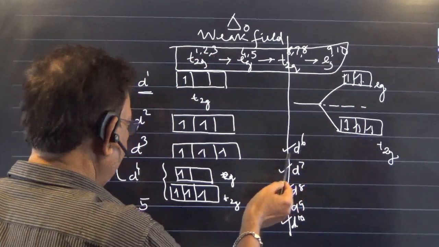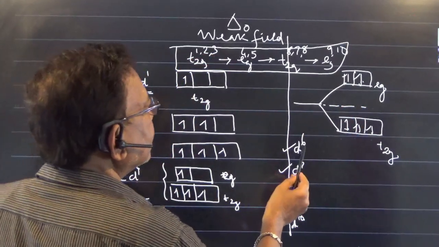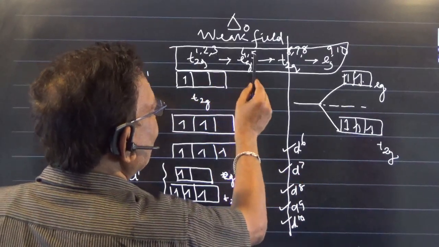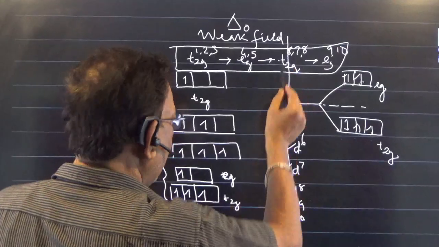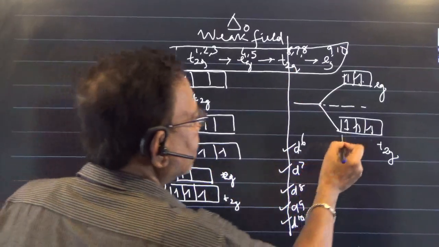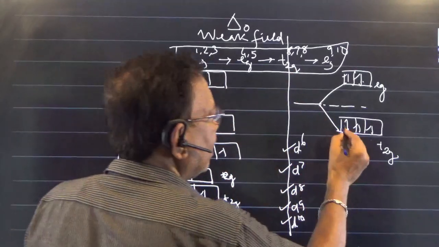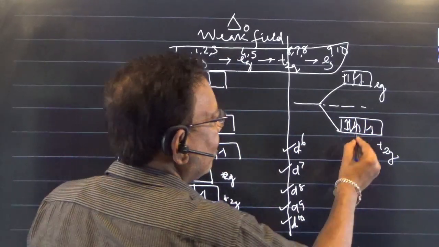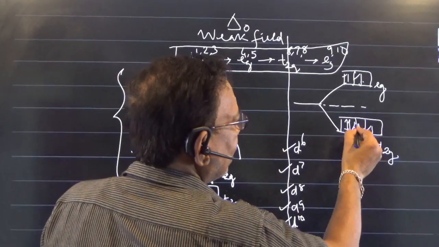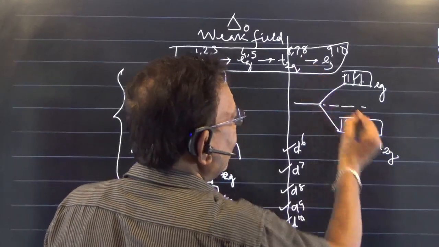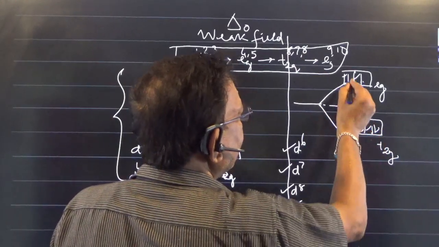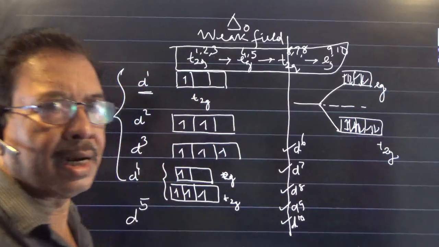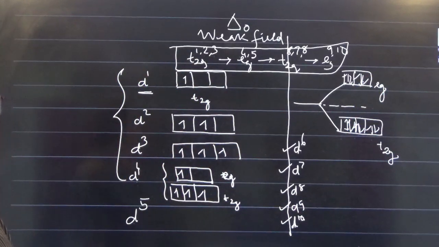Now in D6, how will we do it? 1, 2, 3, 4, 5. Then 6 will come as a pair, over here. 7 will come over here, meaning a pair. 8 will come over here. Then the 9th over here, the 10th over here. Is it clear? Yes, sir.